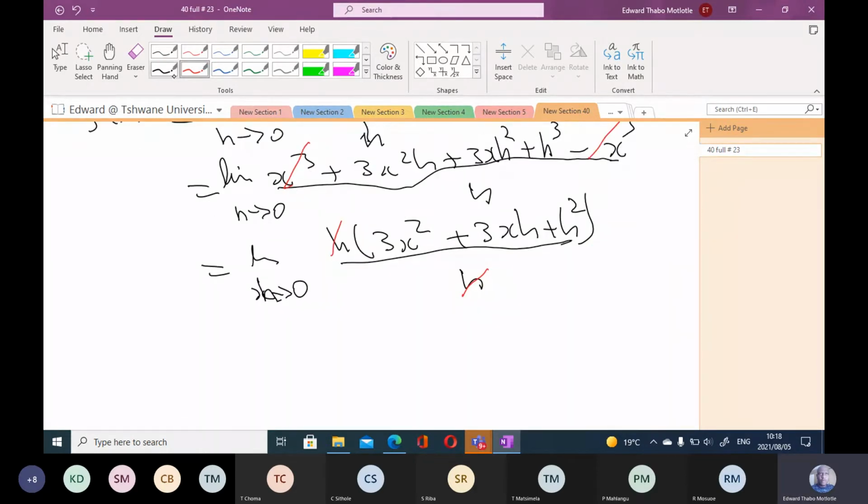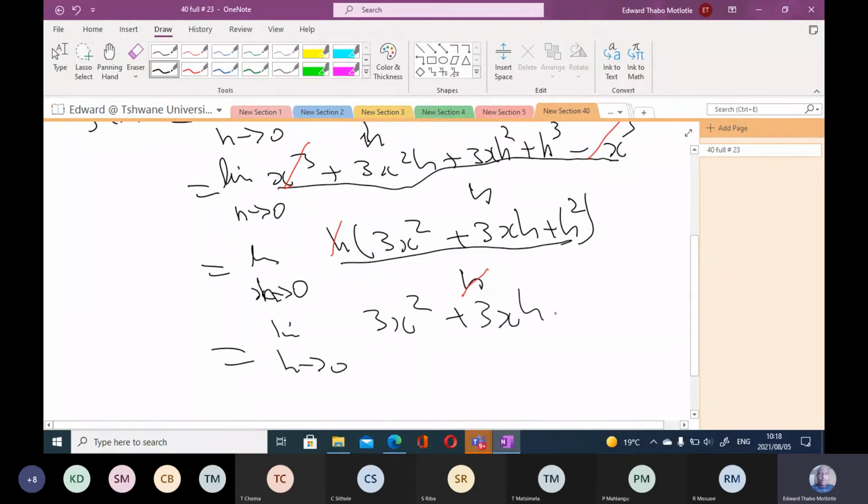So what do we have? We have the limit as h approaches 0 of 3x squared plus 3xh plus h squared. Now wherever we see h, we substitute 0, so we'll remain with 3x squared.